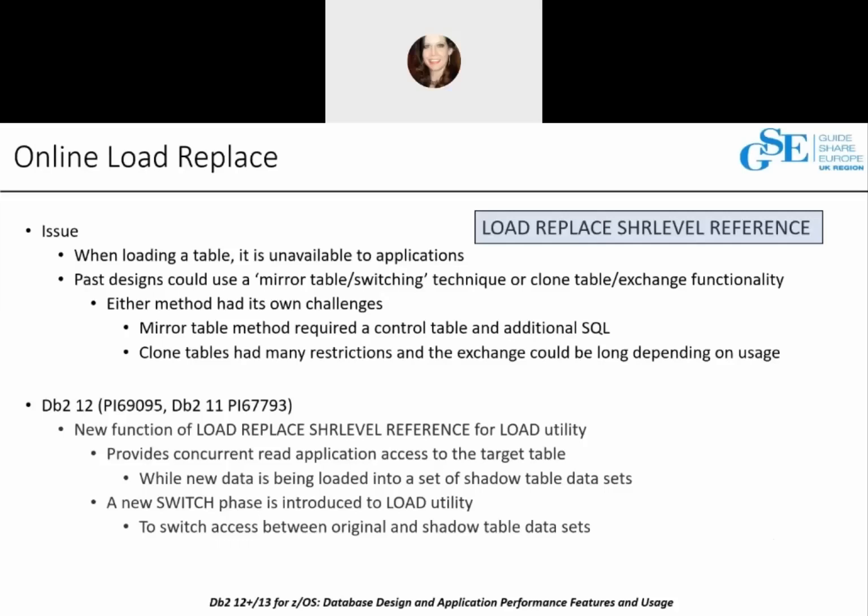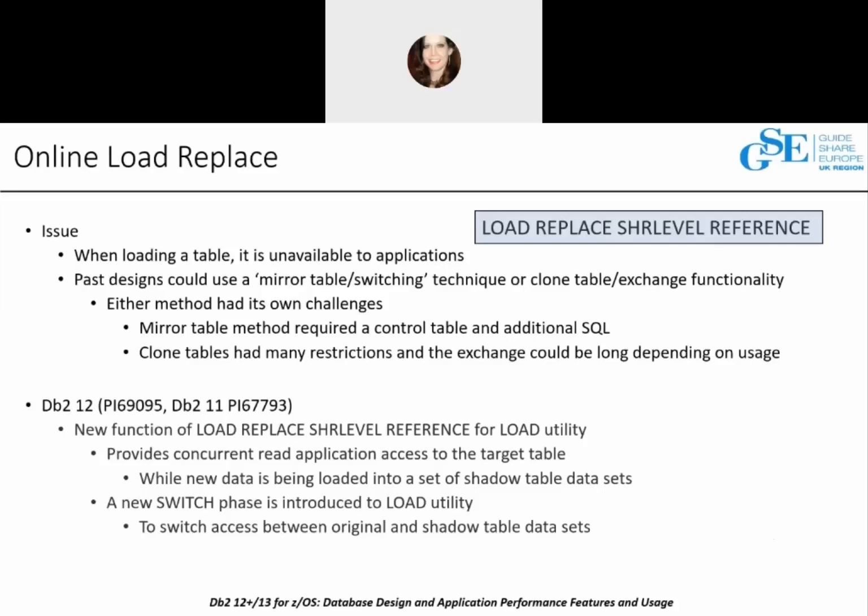So another, better option is now you can do an online load replace. Those two options I just mentioned were essentially online load replace options. Through this implementation of load replace share level reference, we can essentially do an online load replace.